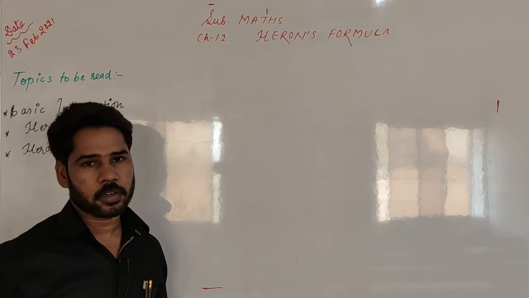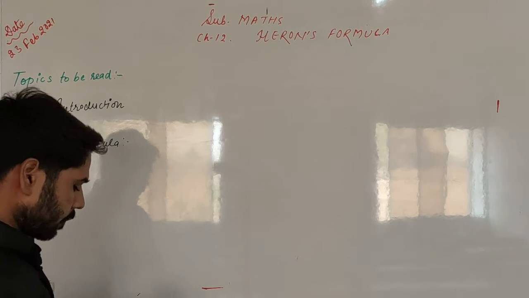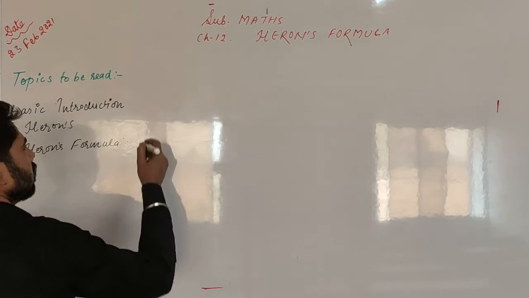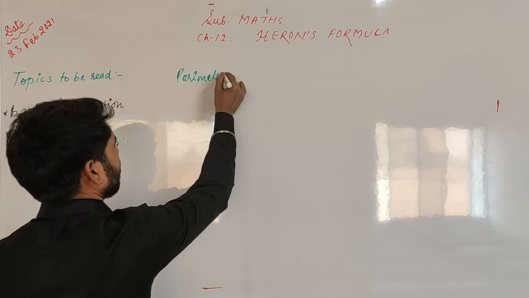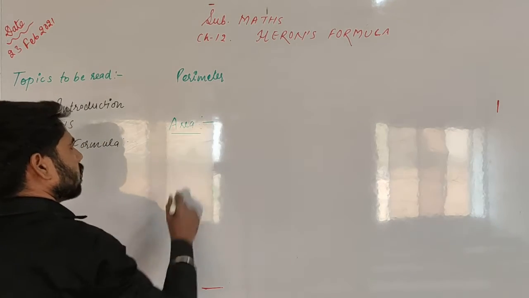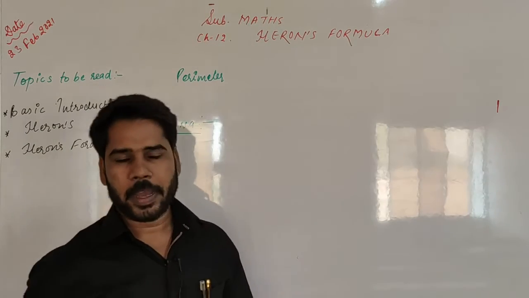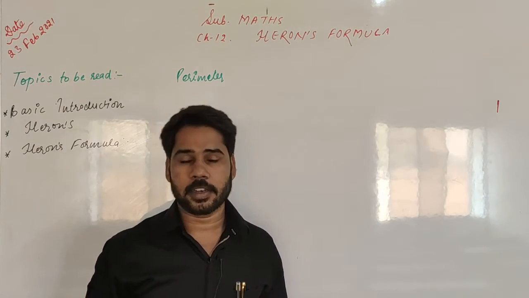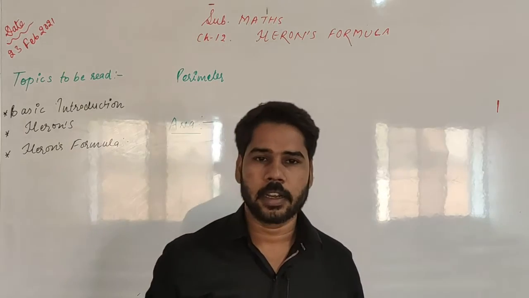areas and perimeter. In earlier classes, you already discussed perimeter and area. We already found the perimeter and area of basic shapes like triangles, square, rectangle.